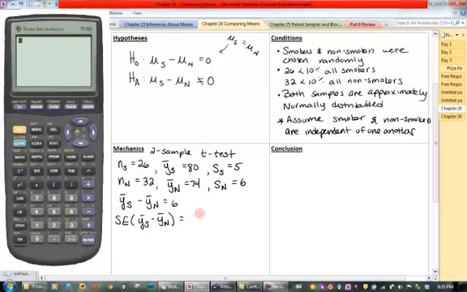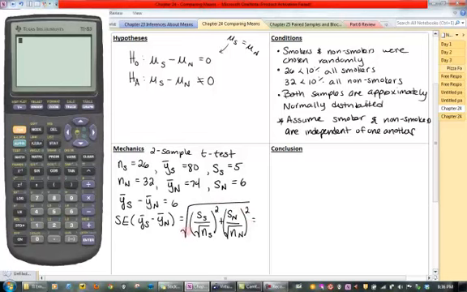So that looks like taking the standard deviation for smokers divided by the square root of n, and then squaring that to get variance, plus the standard deviation for non-smokers over the square root of n for non-smokers, squaring that, and taking the square root of the entire thing.